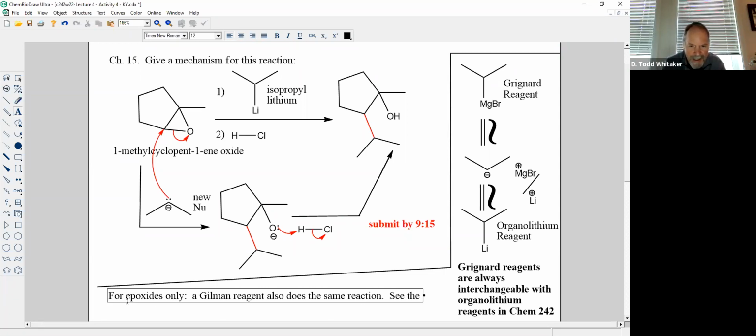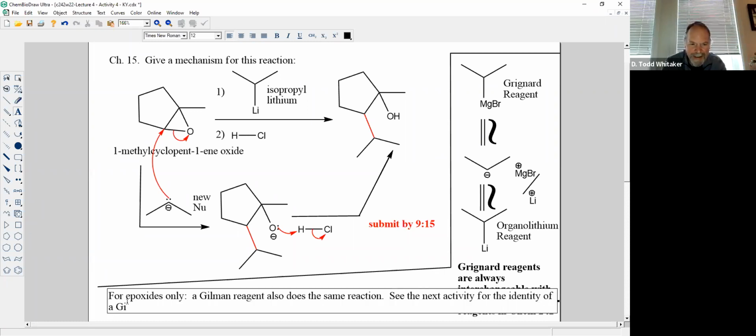See the next activity for the identity of a Gilman reagent. Of course, pictures now in the way. There we go.